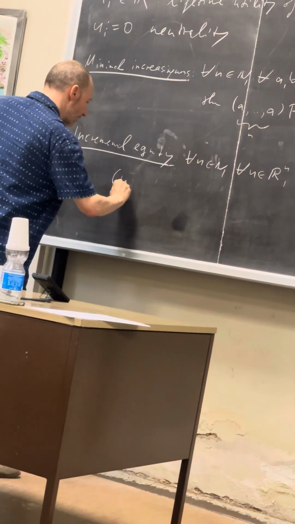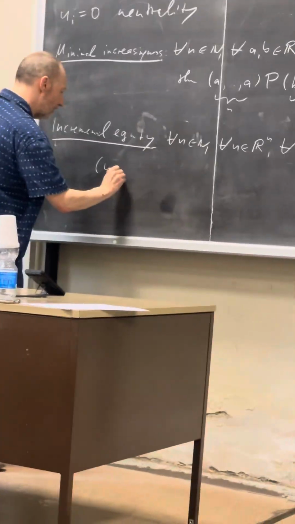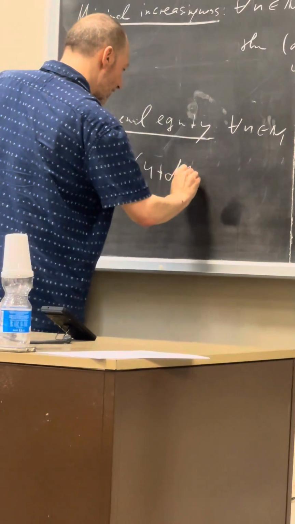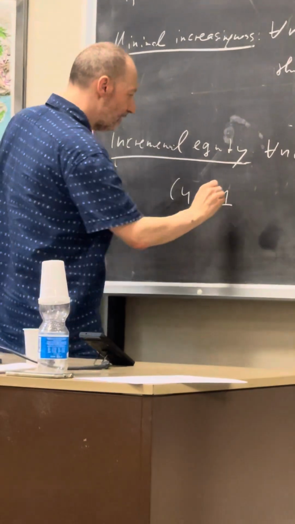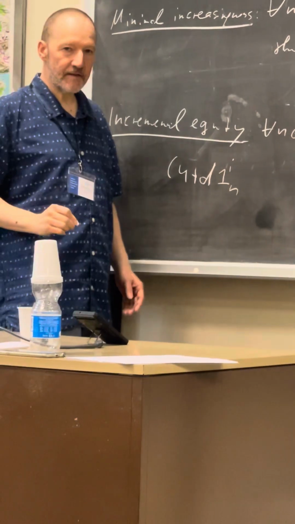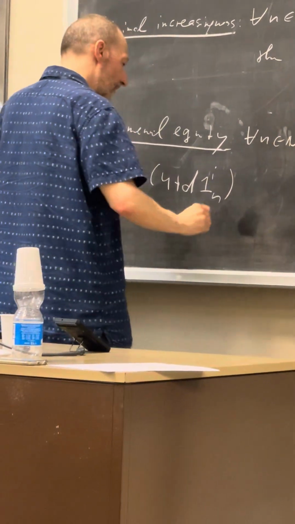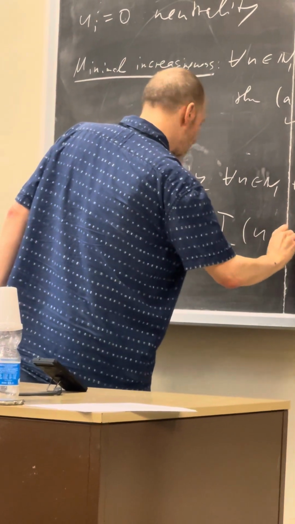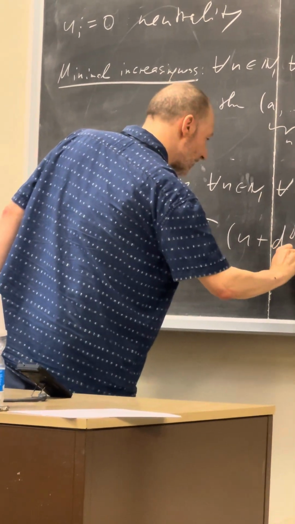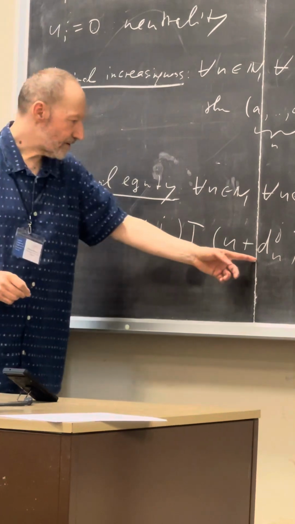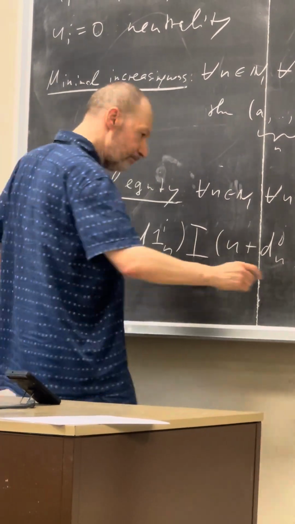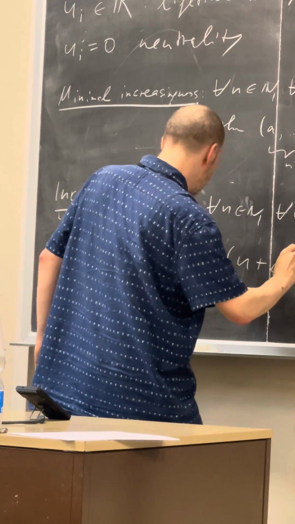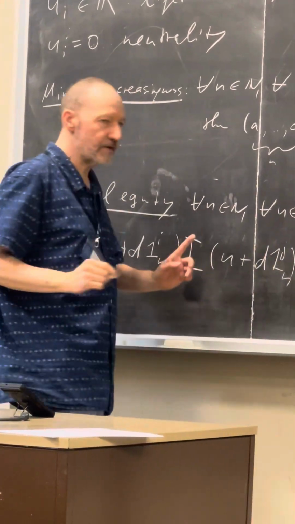then if you start with u and you give d to someone, let's say you multiply d by the ith unit vector, then you get something that's as good as the distribution that you get if, instead of i, you give this extra utility to j.